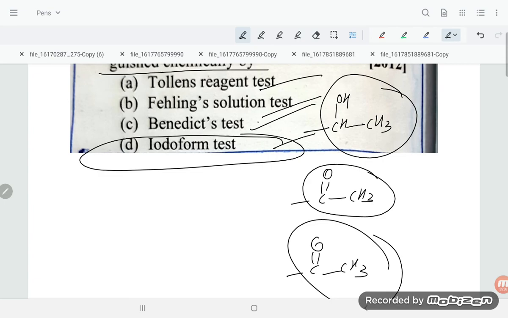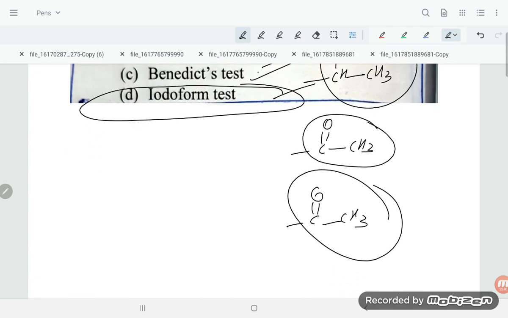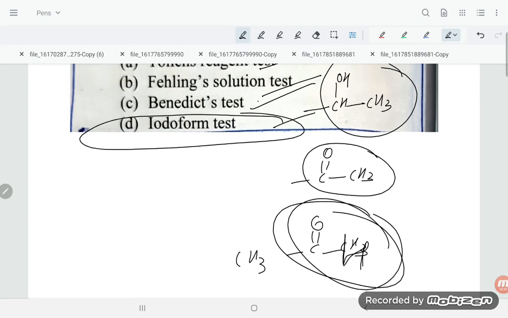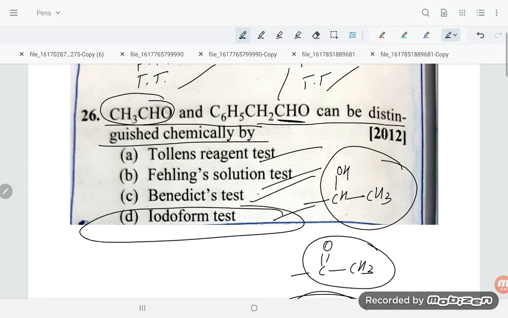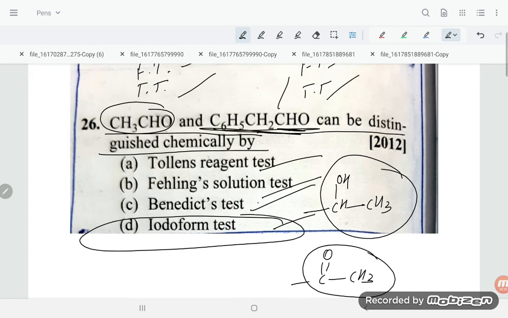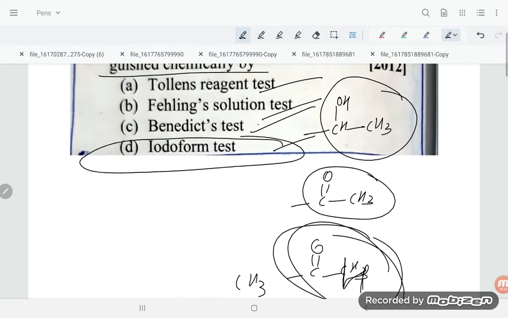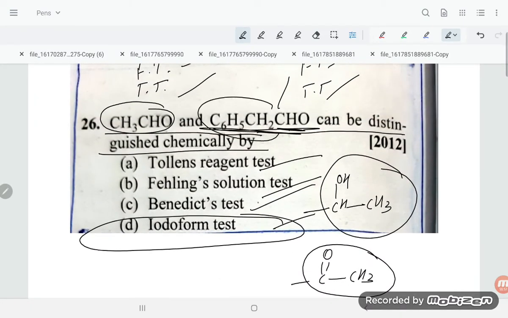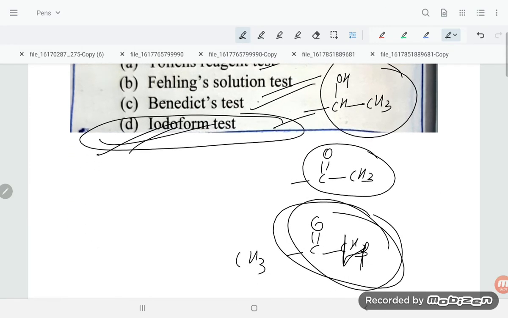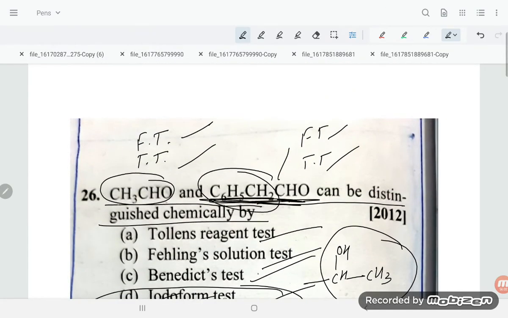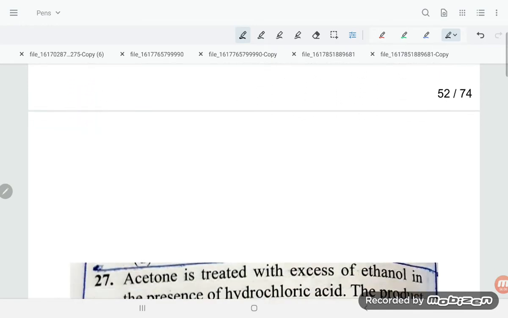These are the groups, students, that will be given by CH3CHO. So this gives the iodoform. This cannot give the iodoform because these three groups are not there, it is a different group. So iodoform test will not be given by this compound, but it will be given by ethanol.